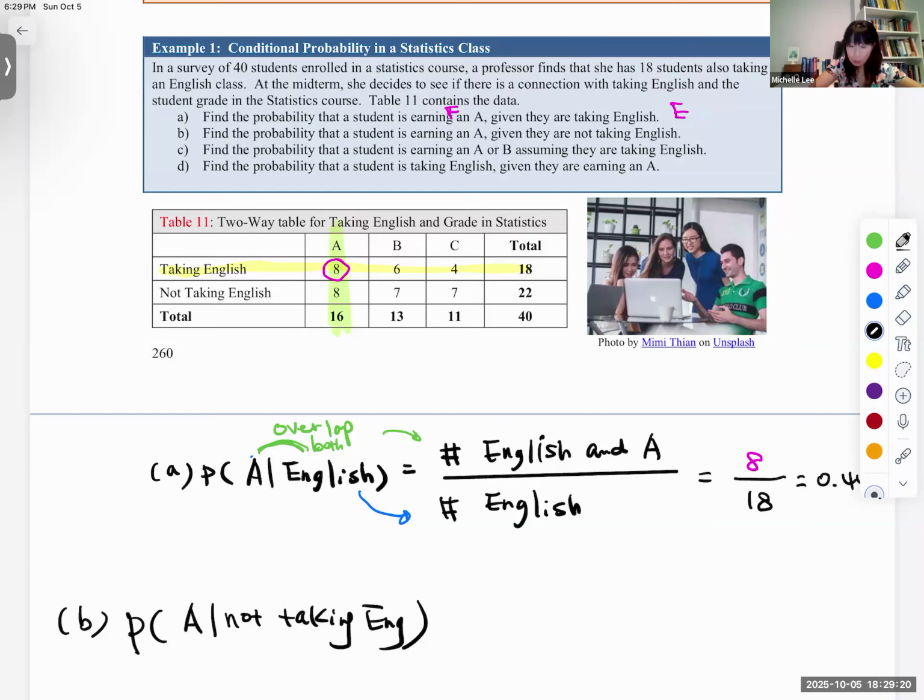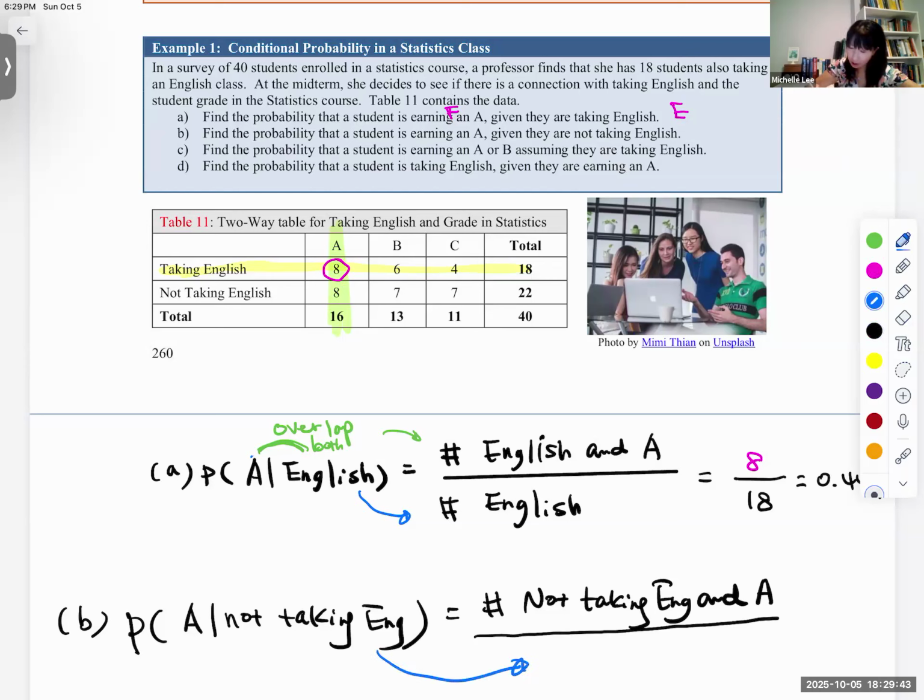The numerator is the overlap, the number of not taking English and getting A, over the number of not taking English.